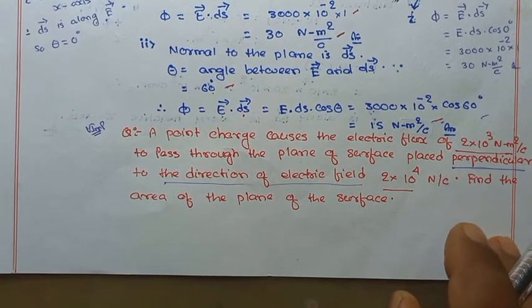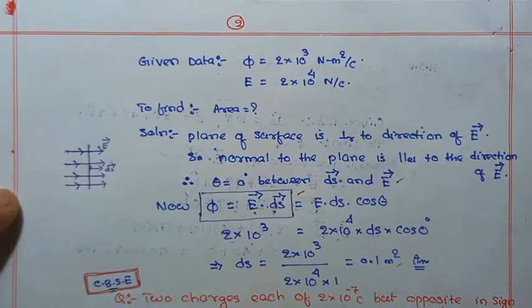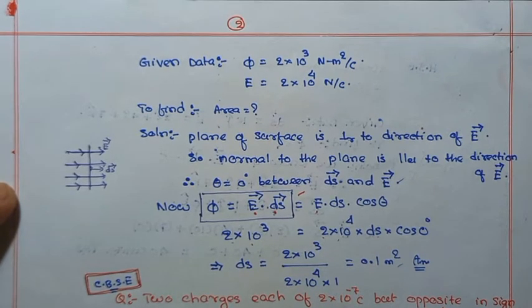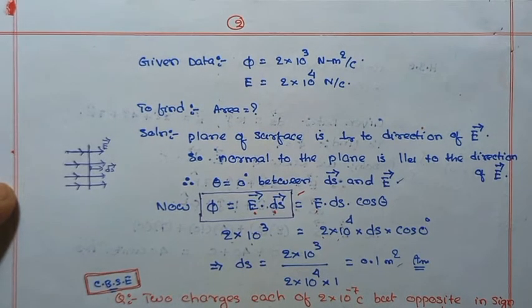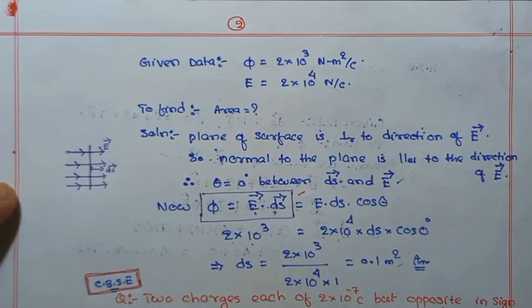Okay. So the plane of the surface is perpendicular to the direction of electric field. That means the normal to the plane is in the same direction as the electric field. Therefore the angle is 0 between E vector and ds vector.